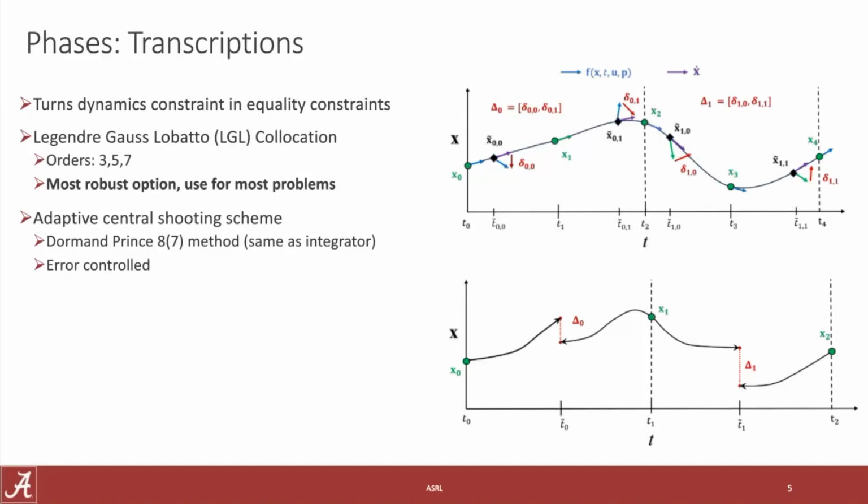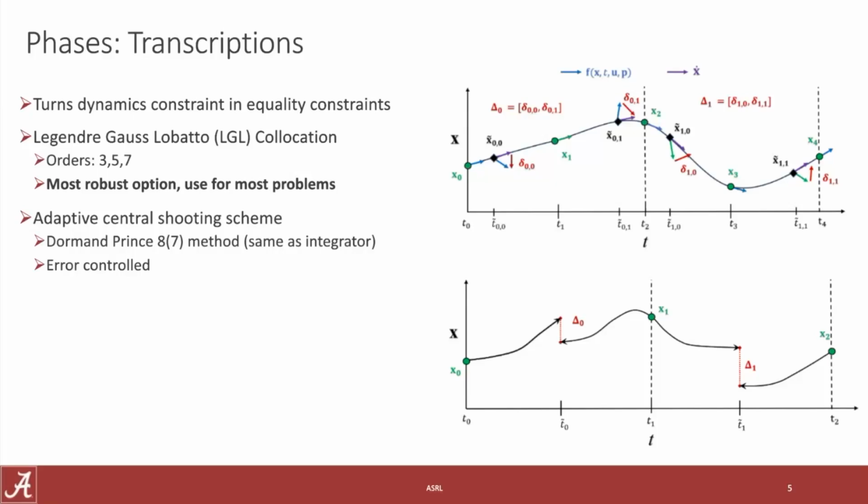That's what our transcription modes do. It's a way of mapping the dynamics, equality constraints that are required to be satisfied for your phase to return an optimal solution. If you can't meet the dynamics of your problem, then you obviously haven't optimized the problem you're trying to solve. Transcription is how Asset under the hood can handle that.